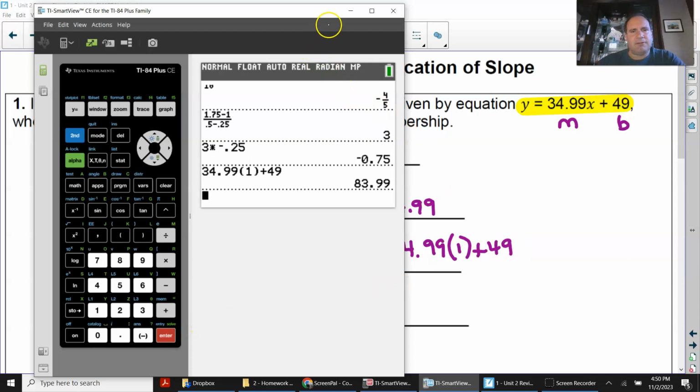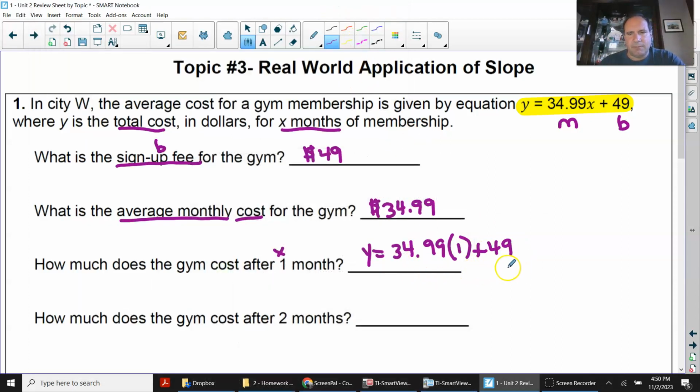And that is $83.99. That's what I'm going to be charged for 1 month in the gym.